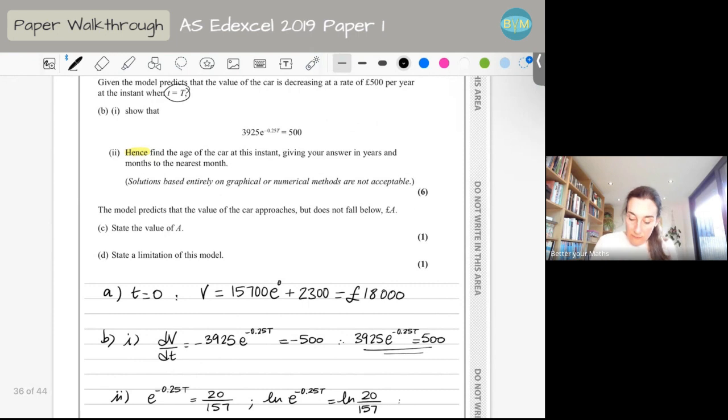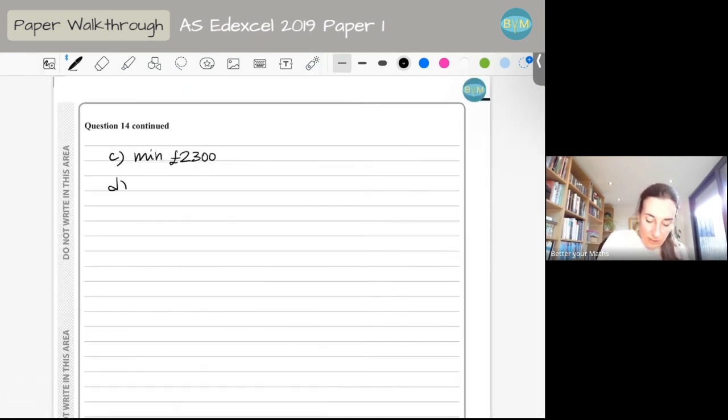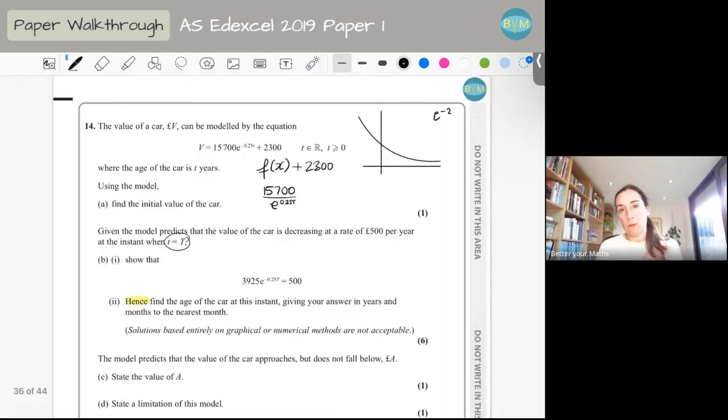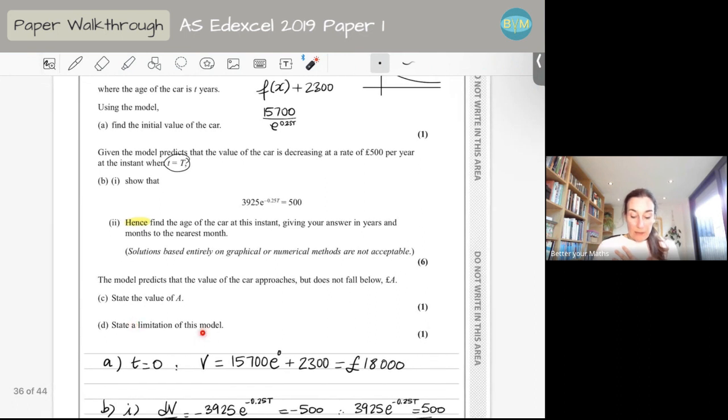Then state a limitation of this model, which is a very typical question about models. Every time you have a modeling question, usually they ask you to think about a limitation, a problem that the model has, and it's just 1 mark, and anything that you say that makes a bit of sense is going to be marked as correct. Now, think that this will imply that the car at one point, even if it's super old, you still are going to get at least 2,300.